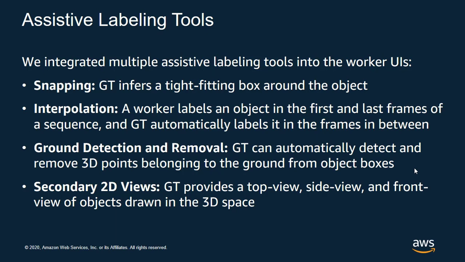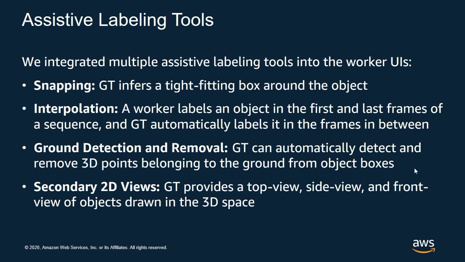Now, the secondary view, again, applies to single frame detection and tracking use cases. And basically what it does is that it projects the 3D space into a 2D space, right?